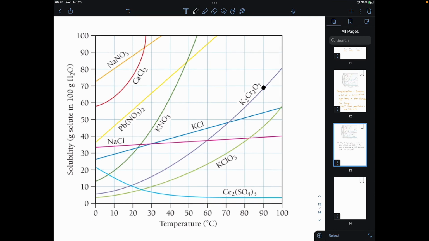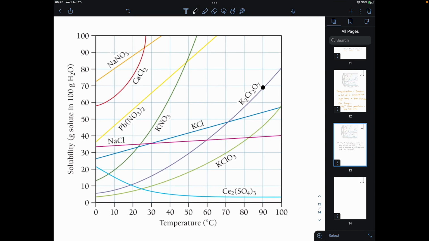All right, so given this graph here, given the solubility of this potassium dichromate at 90 degrees compared to 20 degrees, I want everybody to take a second and see if they can tell me, reading this graph, how much solid you would expect to precipitate in this experiment.